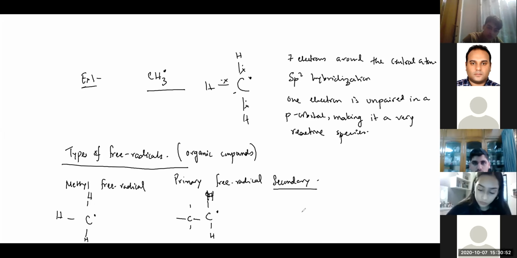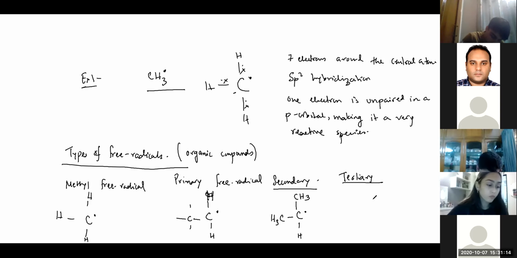Secondary is, with that free radical, instead of 1 methyl group, you'll have 2 methyl groups. And obviously there'll be another hydrogen. And tertiary, you'll have 3 R groups. This is not just for this, in organic chemistry primary means 2 hydrogens and 1 R group.